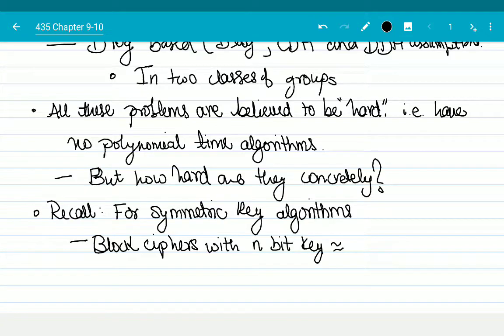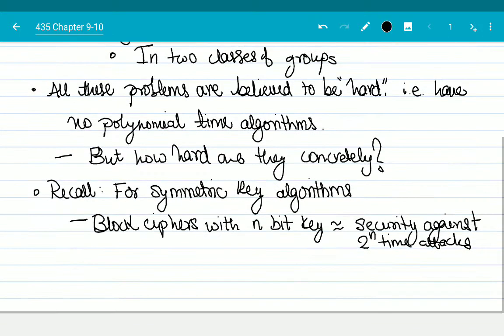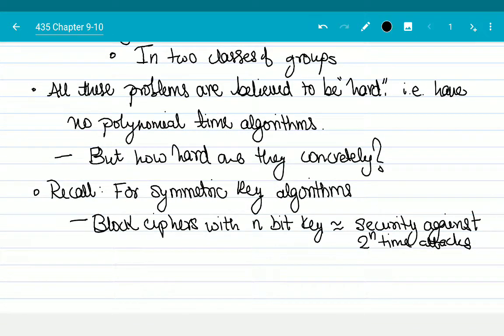They're secure enough that they give security against 2 to the n time attacks. In case I didn't mention this before, it's not super important. This is not something that's going to come up again and again.